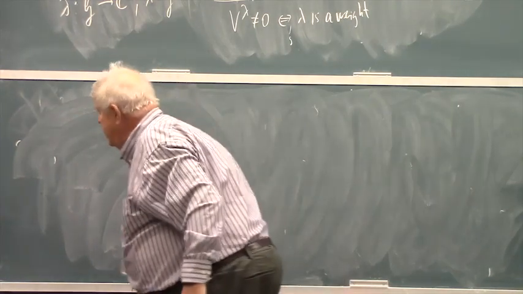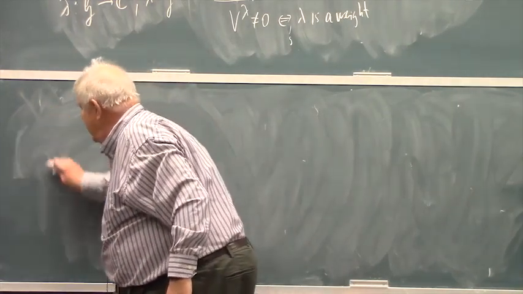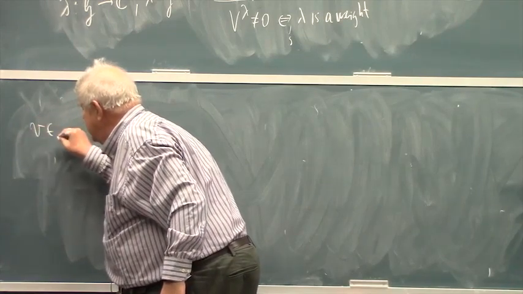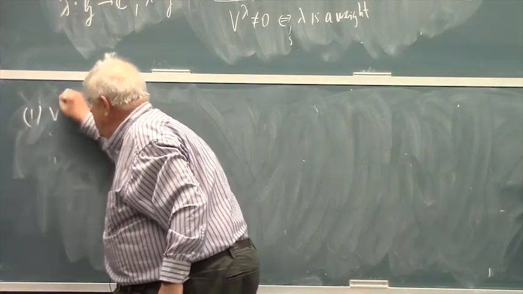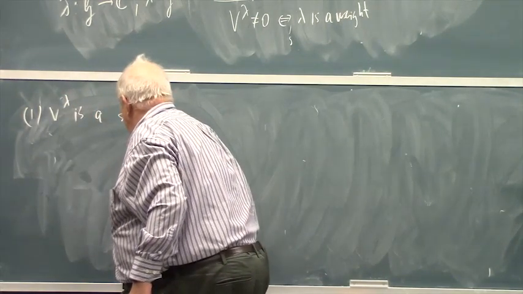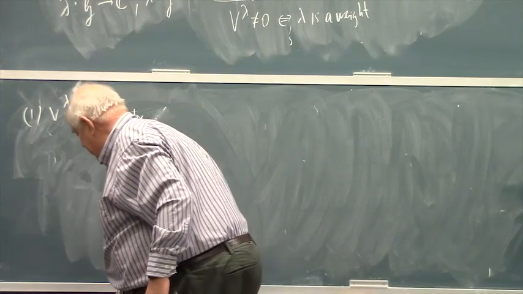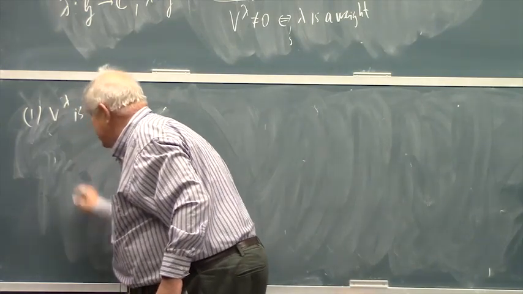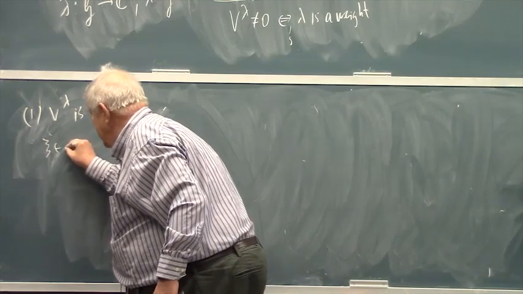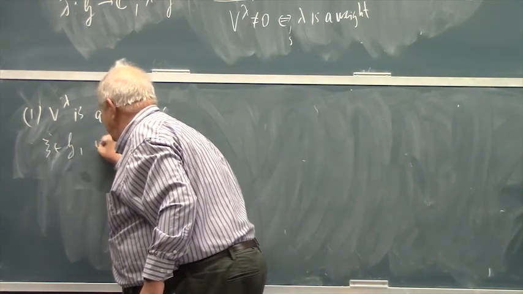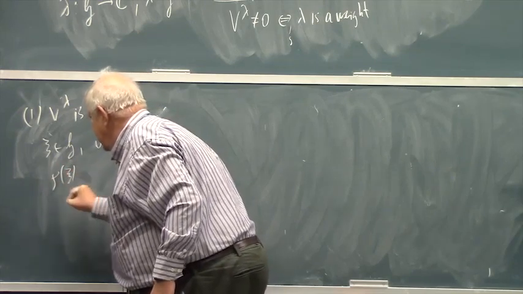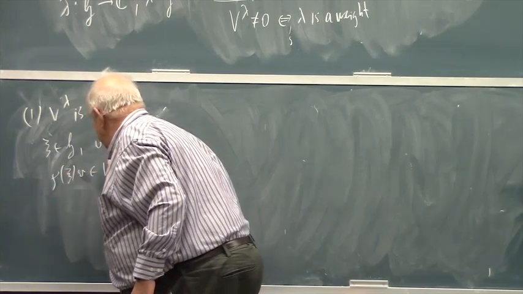So first, V lambda is a subrepresentation of my representation. This means that if we have some C in H and some V in V lambda, then rho C of V also belongs to V lambda.